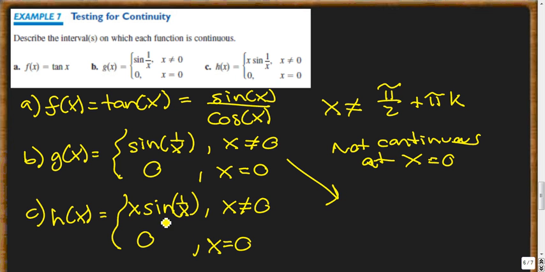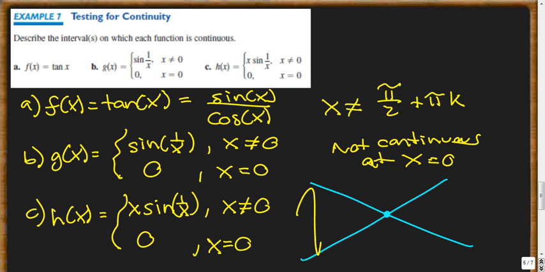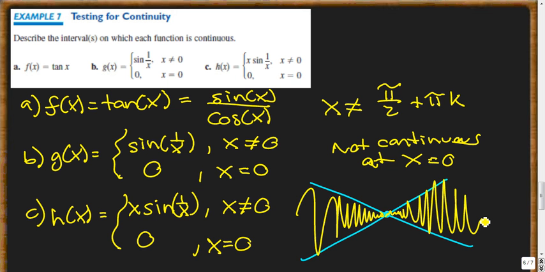Now this graph, however, x times the sine of 1 over x, x is multiplying by it as we go. So we're going to see this kind of squeezing of this function, which is interesting. X is amplifying what sine is as it goes along. If we think about it this way, we've got kind of two graphs, and this is kind of our origin. Our graph is going to look like this, okay?